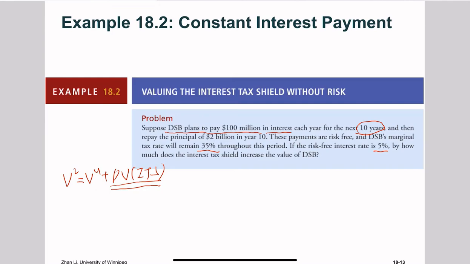We know that interest tax shield equals corporate tax rate times interest payment, right? And we know that interest payment here is given by 100. And corporate tax rate is 35%. So it's 35.